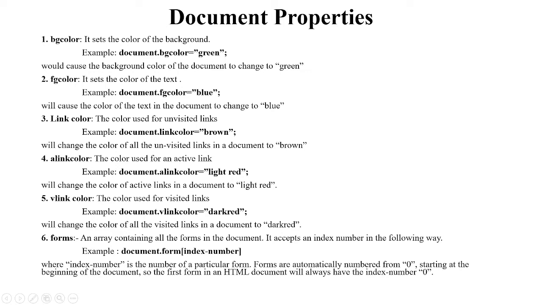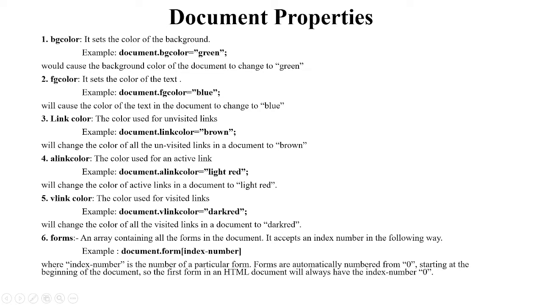So the usage is document.linkColor equal to brown. And alinkColor is the document object property used to provide the color for the active link, that is, the currently used link in the document; the example I have taken is light red. vlinkColor is the document object property which helps us provide the color to an already visited link.